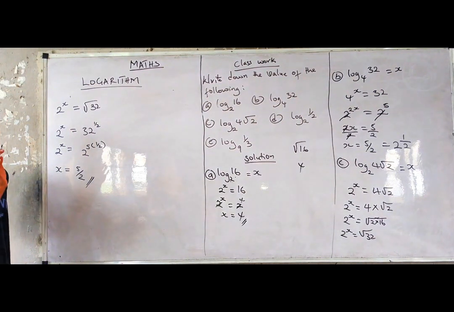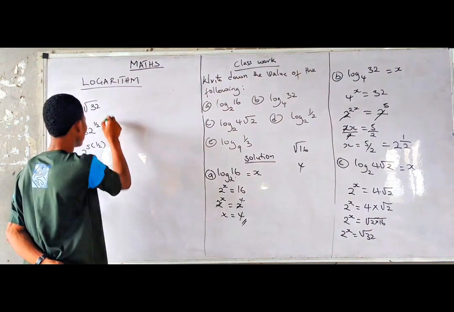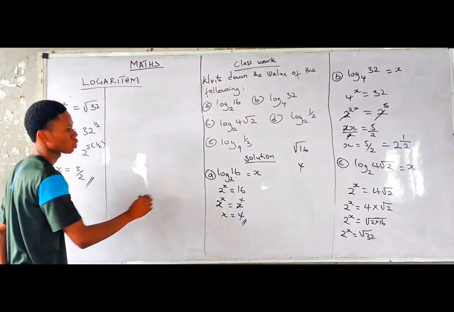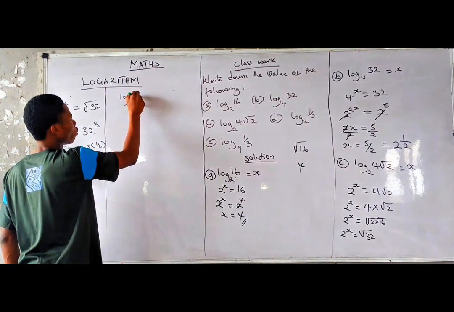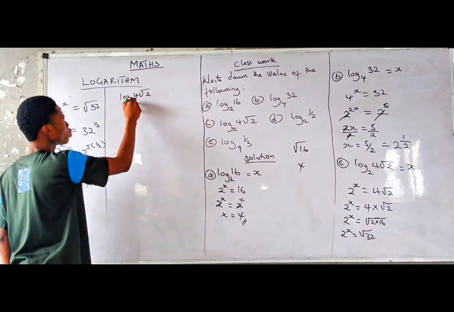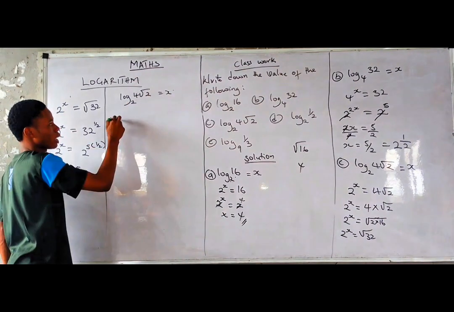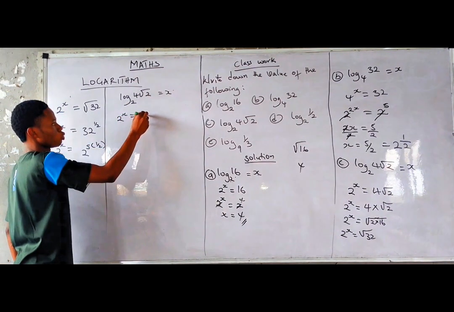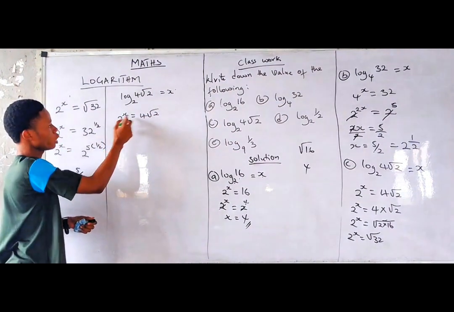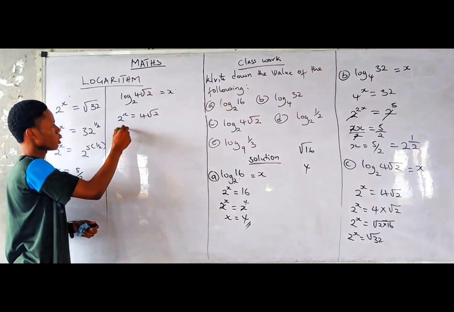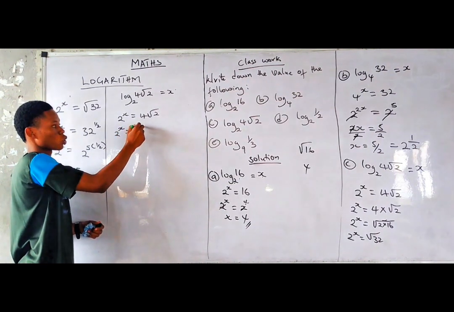There's a second way we can use to do this. The second way is shorter. So check this out. From the equation, log 4 root 2 in base 2 equal to x. And we said 2 raised to power x equal to 4 root 2, right? Is it not? So from here, 4 is the same thing as 2 raised to power what? 2, right?